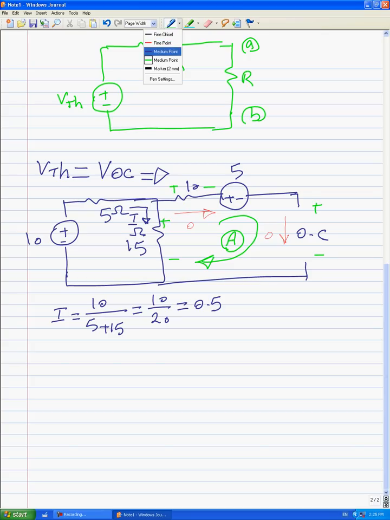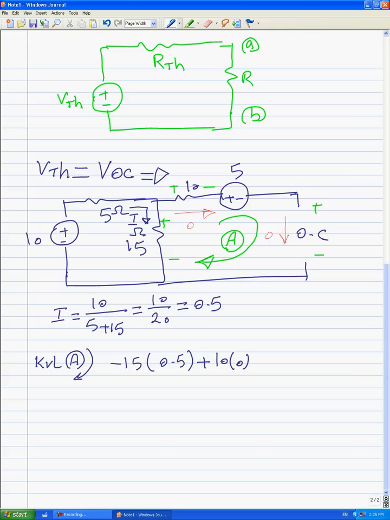And now we want to start by applying KVL in loop A. KVL in loop A says we have minus 15 times I, which is 0.5, obtained in the previous part, plus 10 times 0. Be careful, the current for the 10 is 0. Plus 5, and finally plus the open circuit voltage is equal to 0.